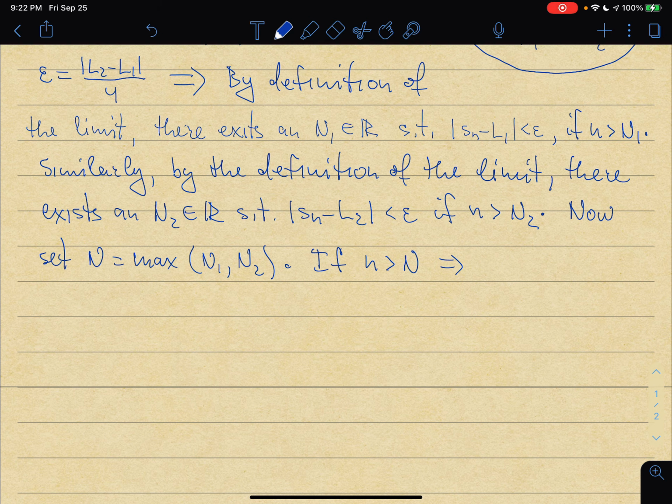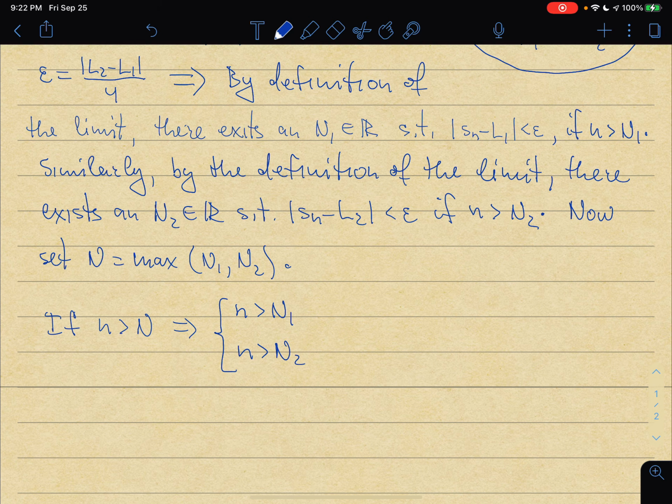Two things are going to happen at once. n is going to be greater than n1, because n is bigger than the maximum of n1 and n2. And second, n is also going to be bigger than n2.